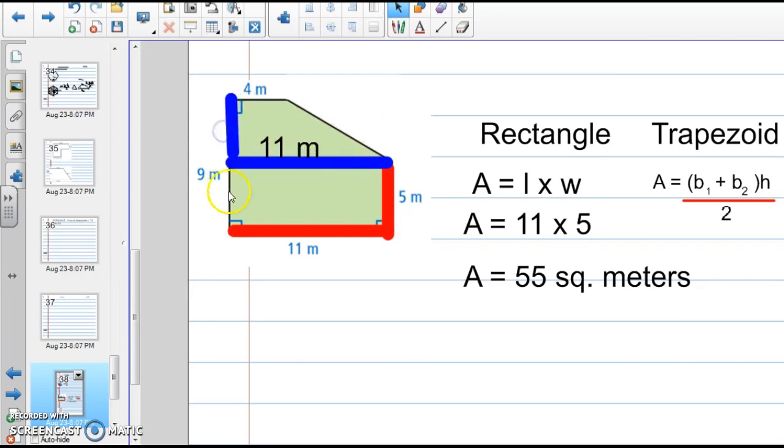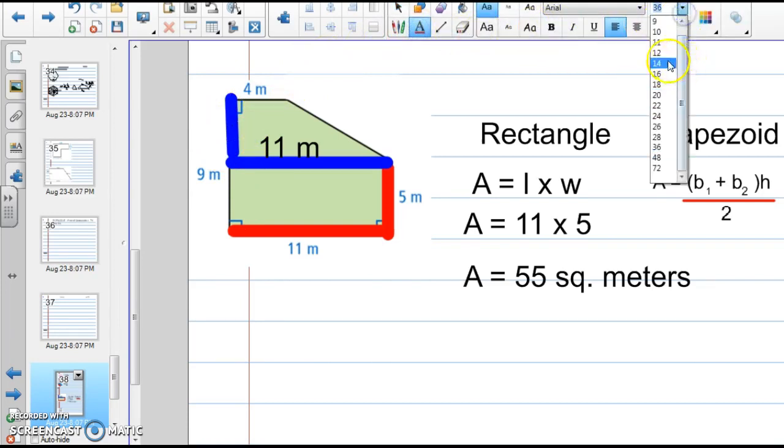So, if this is 5, we need to put this part with it to equal 9. So 5 plus what is 9? Well, that would be 4. So this missing length, the missing height of the trapezoid, is 4 meters. Pause your video and make sure you have that information in.